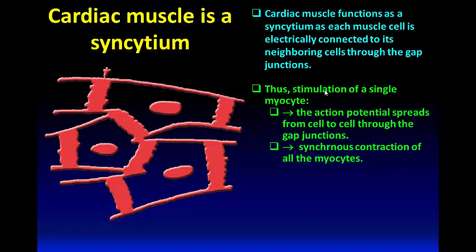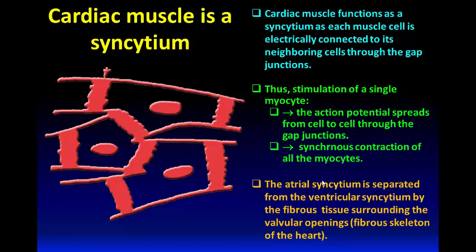This action potential spreads from one cardiac muscle cell to another through the gap junctions. Thus, contractions of the cardiac muscle cells occur at the same time because the cells are excited at the same time. So we have synchronous contraction of all the myocytes.